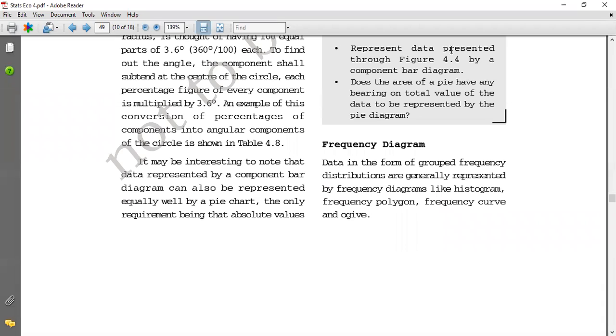Like diagrammatic presentation, graphic presentation also provides a quick and easier way of understanding the various trends of data. It also facilitates the comparison of two or more situations in front of us when the data is there and we want to compare it. So graphic presentation is very easy to understand.